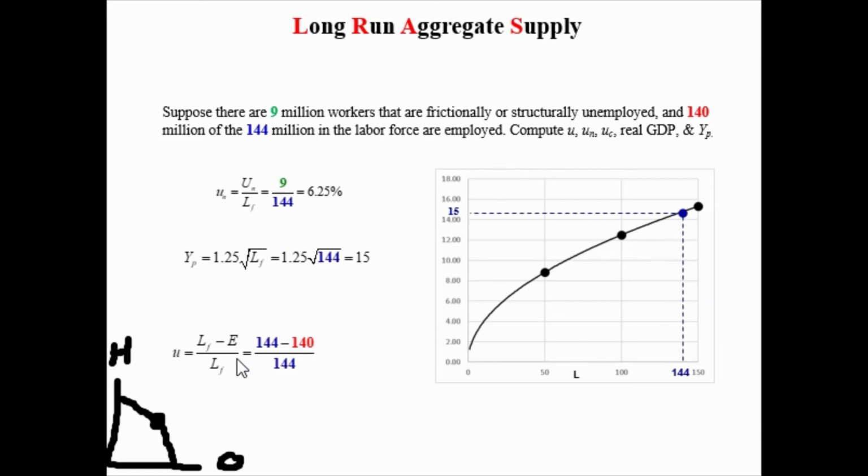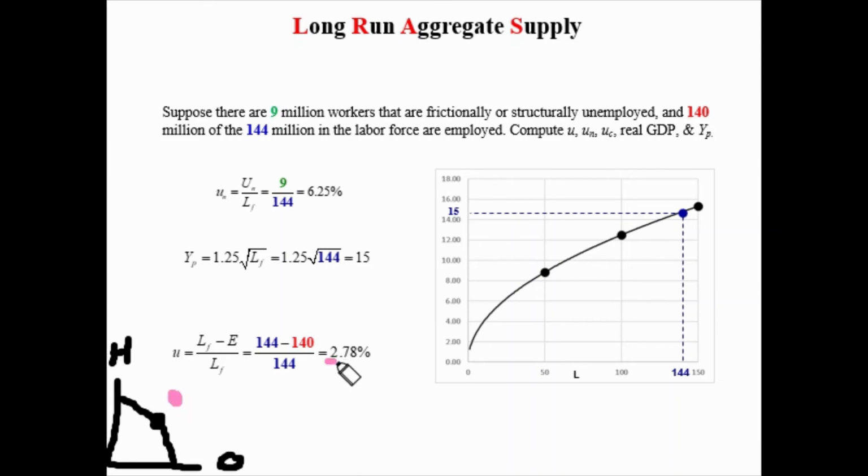But notice what happened to unemployment. There are a lot of people employed. And the unemployment rate fell to 2.78%. It is lower than the natural rate of unemployment, which means the economy is now out here. Okay?